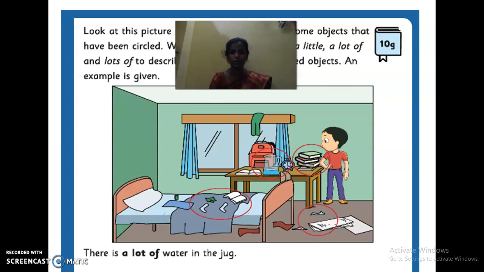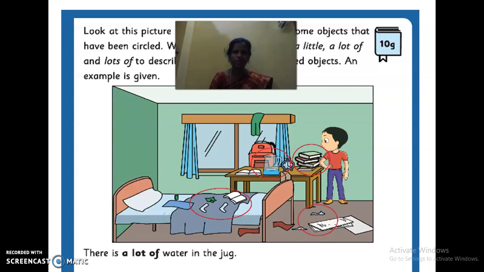So before I start to write the answers, you have to tell me where we have to use a lot of or lots of. The noun should be countable. Very good. So the noun should be countable. In that place we have to use a lot of, lots of. When the noun is uncountable, in those sentences we have to use little.